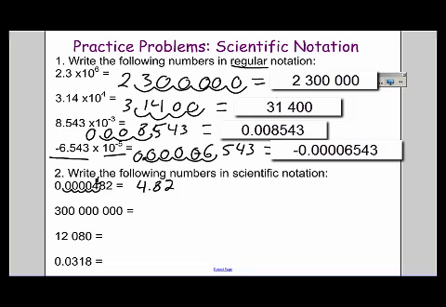Our new value is 4.82 times 10, 5 spots. And we have to figure out if it's going to be a negative exponent or a positive exponent. We started out with a very small number. Remember, small numbers are going to have a negative exponent, so it should be to the negative 5. So 4.82 times 10 to the negative 5.